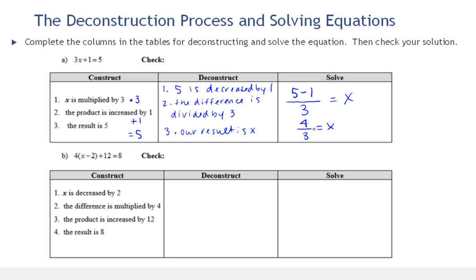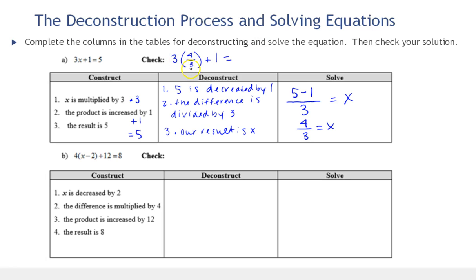So let's check our results. So I'm going to go to our original equation, and on the left-hand side, I'm going to replace x with 4/3 and evaluate. And if our answer is correct, when we're done, we should get a result of 5. So 3 times, replace x with 4/3, plus 1. Now I'm going to write a string of equivalent equations until I've simplified it.